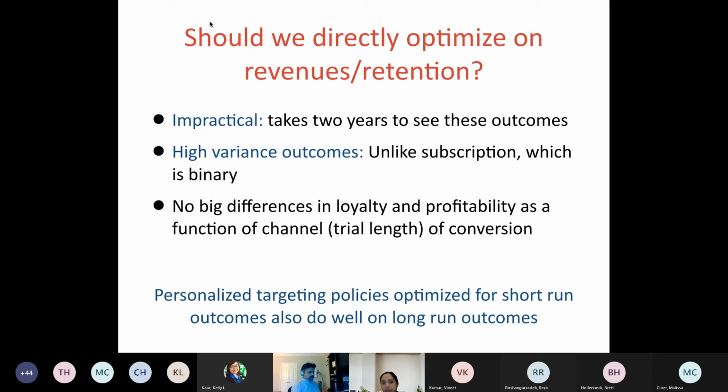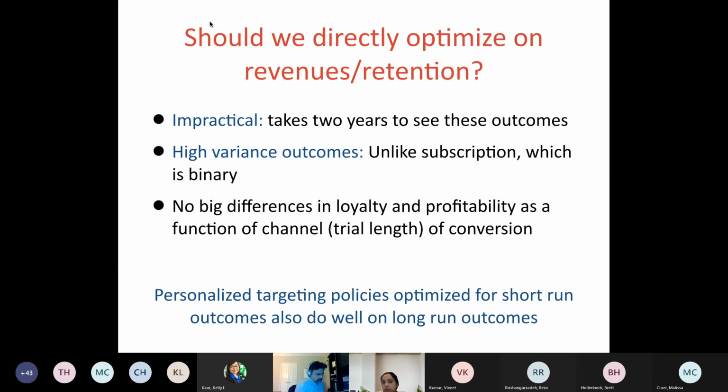And what we find in this setting, and I think that's probably true for most marketing interventions, is that there is no big difference in the loyalty and profitability of customers as a function of the channel through which they converted. So this is a key thing. If somehow the channel of conversion also affects revenues and retention significantly, that's going to mess up this calculation.